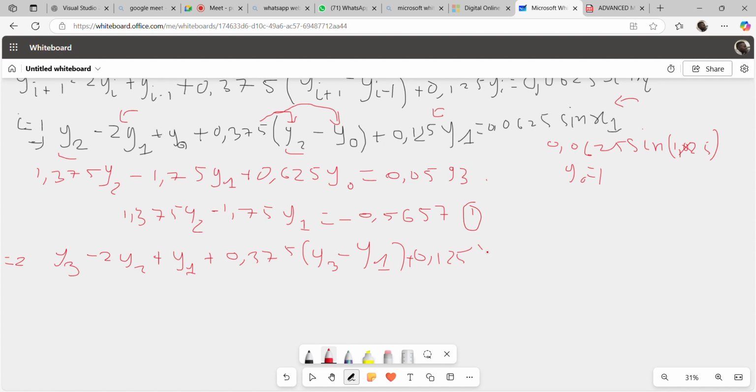It was y1, so I'm going to y2. We move equal to 0,0625 sine of x. It was x1, so I'm going to x2.